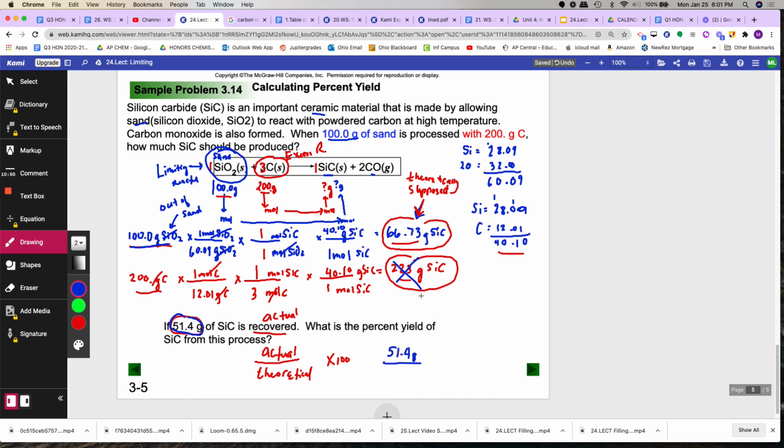You're supposed to make 66.73. 51.4 divided by 66.73 times 100 is 77.0% yield. If it were a grade, you'll get a C.